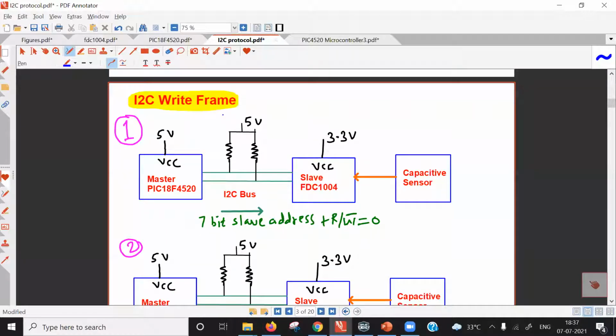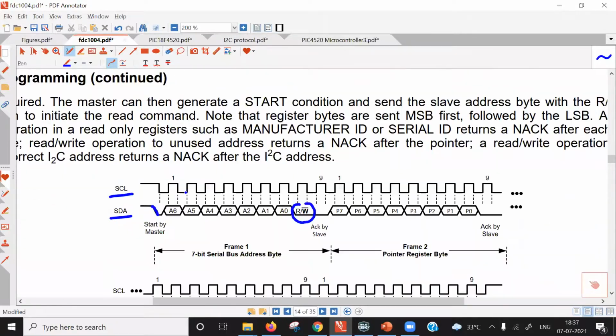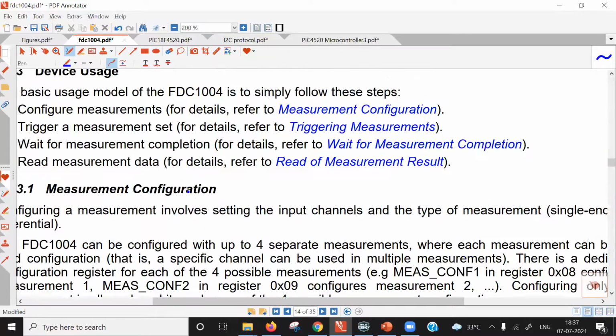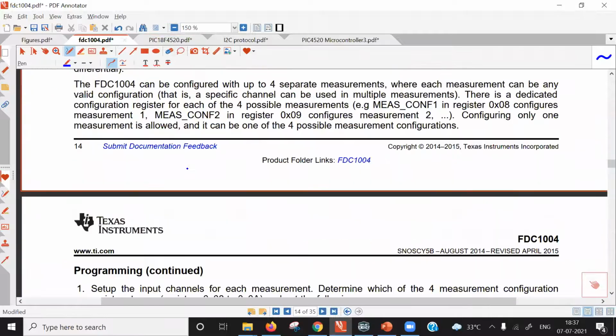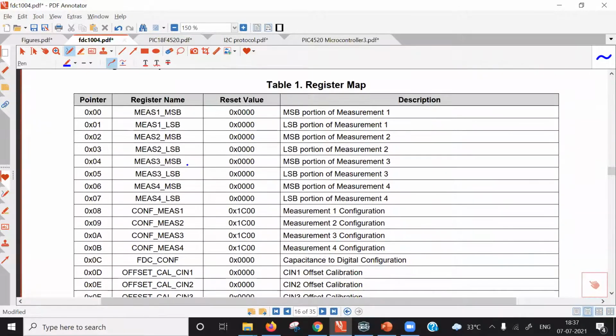I have shown the I2C write frame here, which I am going to discuss first. Before I discuss this, let me once again remind you, in FDC1004 there are on-chip 16-bit registers. These registers are used for different purposes, like MES1 MSB, MES1 LSB.